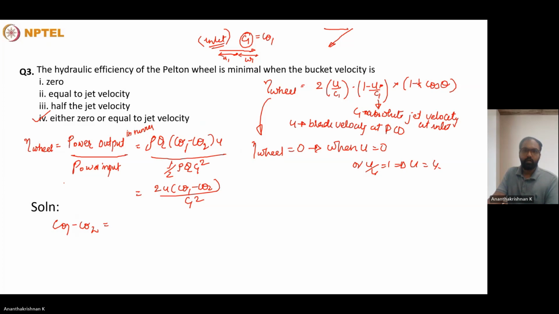At the exit, U1 will be equal to U2. This is W2, so this will be equal to C2. The vertical component is the flow velocity term, and the horizontal component of the actual or absolute velocity will be the tangential component, C theta 2. We can get the value of C theta 2 from the velocity triangle.